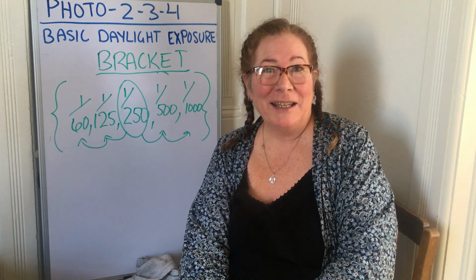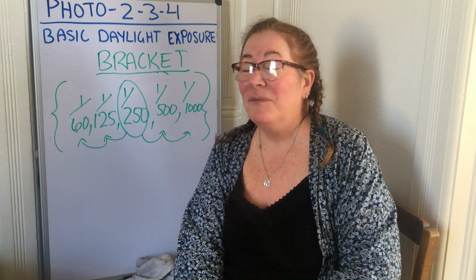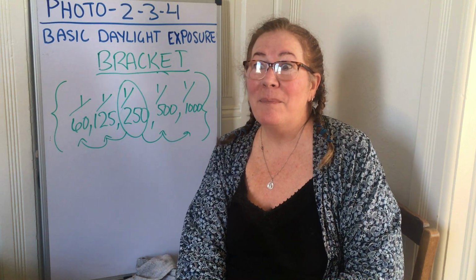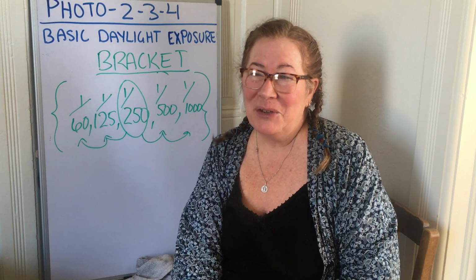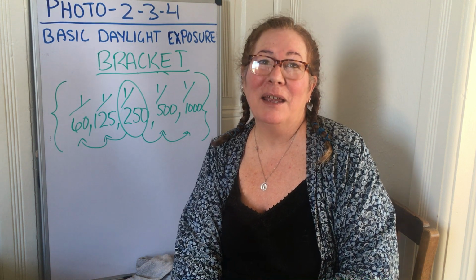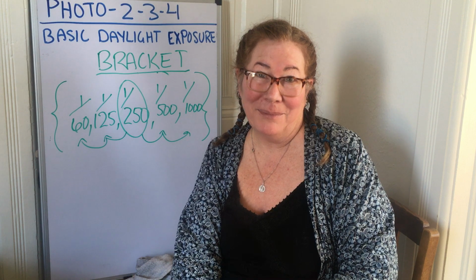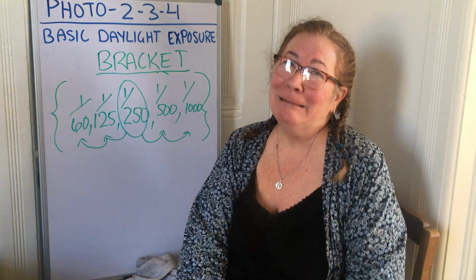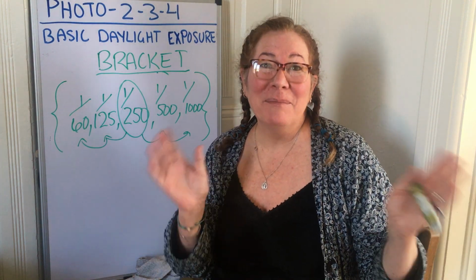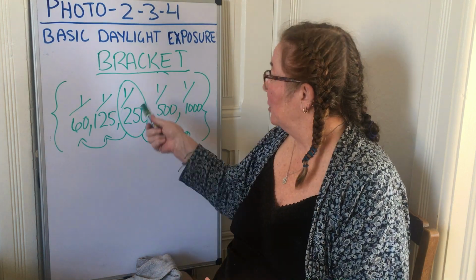And that's the exciting thing about photography. Film photography is all about the surprise. When you get your photos back and you say, oh my gosh, these are fantastic, or oops, I screwed up. So you don't want to screw up. You want to do it right the first time. So make sure you bracket.